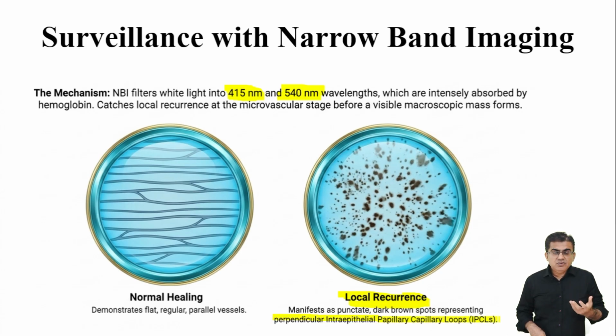By actively looking for these highly specific dark spots with your scope, you can safely catch a cancer recurrence at the microvascular level. You will easily find the cancer long before a large dangerous mass ever forms.